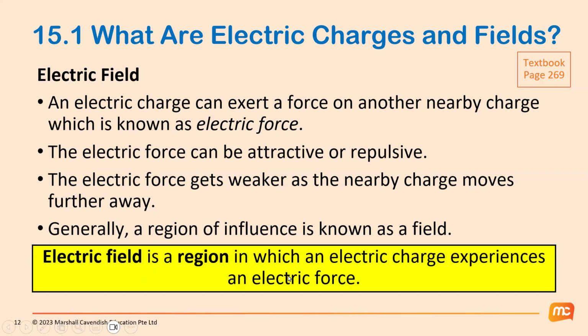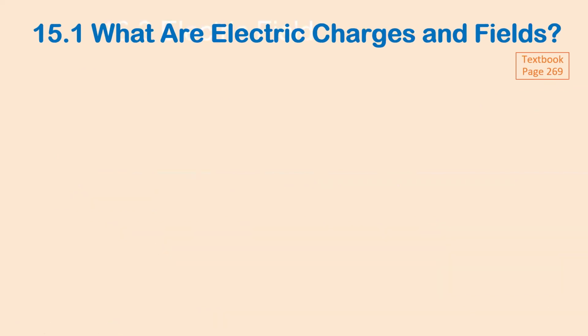Later on, you will be learning about magnetic fields as well. So a magnetic field is again a region where a magnetic material experiences a magnetic force. So the definitions are all very similar. Okay, so you need to memorize it because they tend to ask for the definition of an electric field.